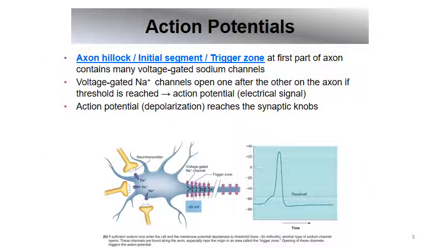Axon hillock is the beginning part of the axon. And so this is where the first voltage-gated channels are going to appear. And so again, it's just saying how the voltage-gated channels then open along the axon if the threshold is reached, and that is what an action potential is. And the action potential goes to the synaptic knobs.